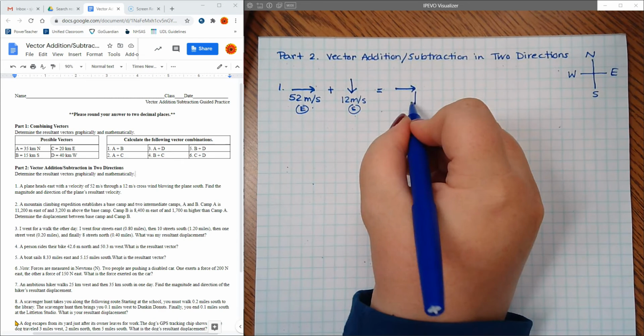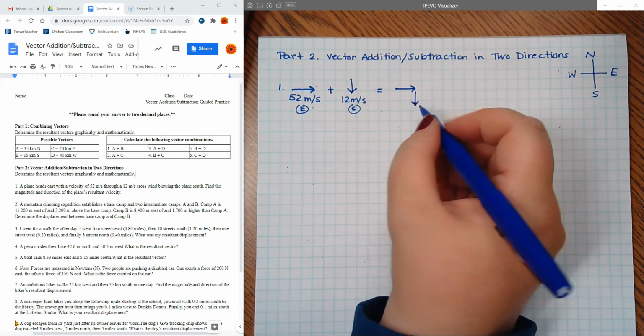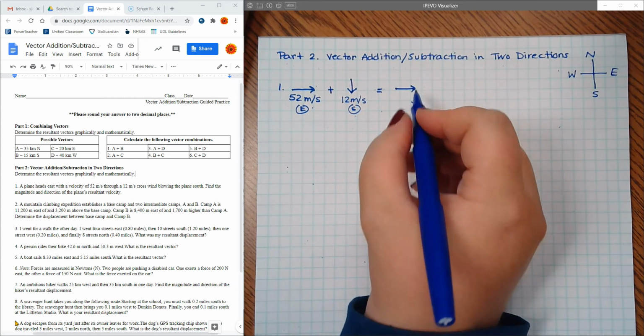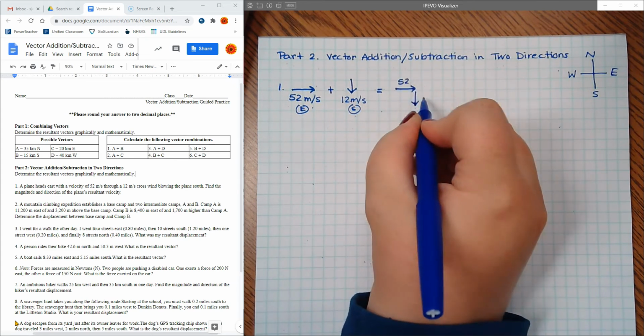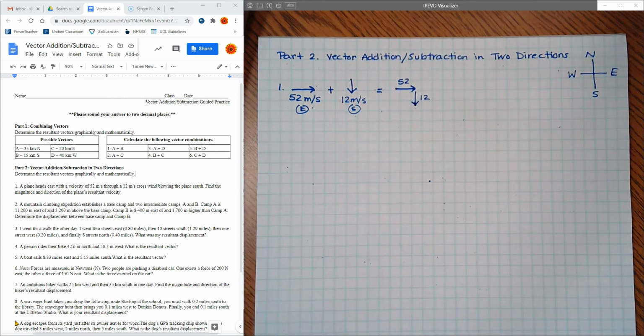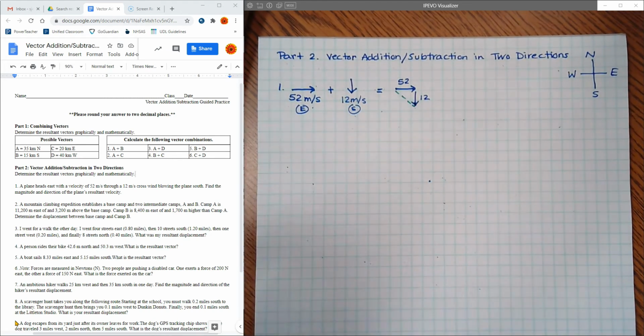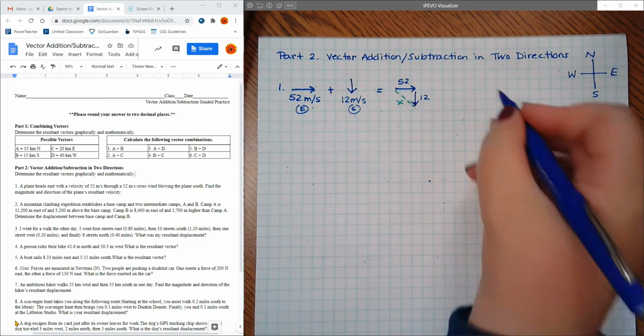Sorry, no, I did that right. I thought I had to put south first. So we have the eastern vector and then the southern vector. Their values are 52 and 12. So just like in part 1, we'll use the Pythagorean theorem to figure out what the value of that is.